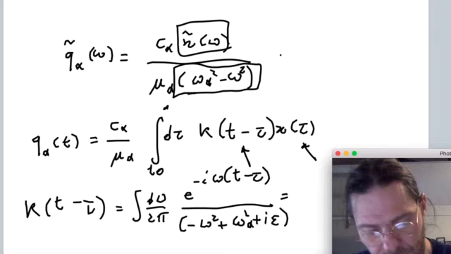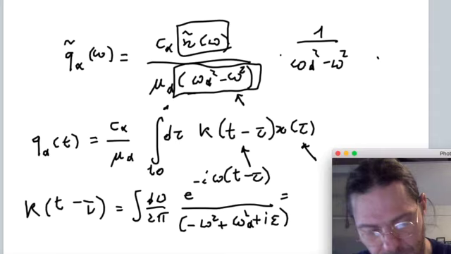So basically what is written here is I'm trying to anti-Fourier transform this function that enters here. So let me just isolate this. It's like 1 over omega alpha squared minus omega squared.